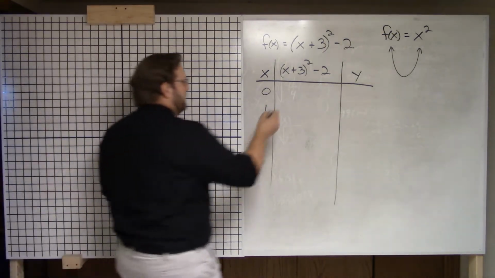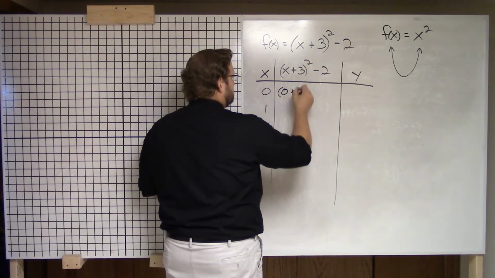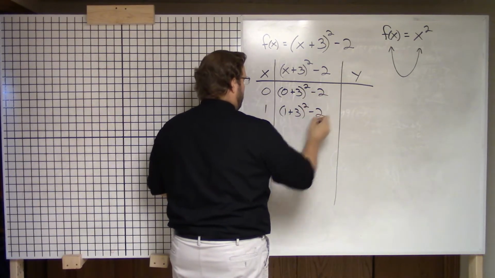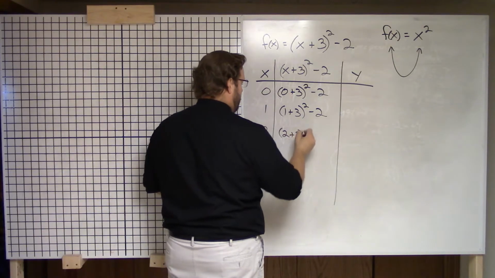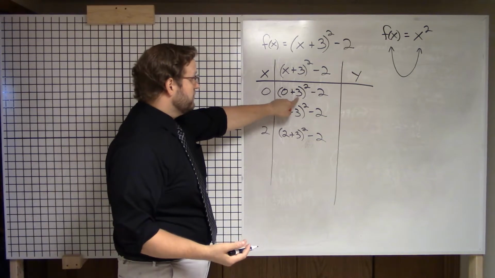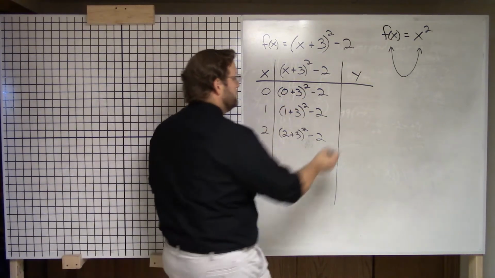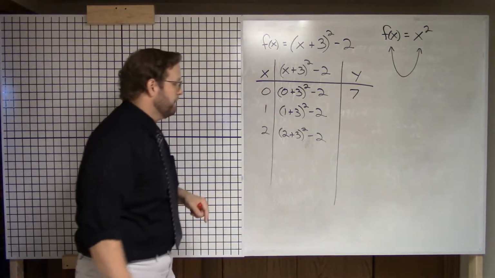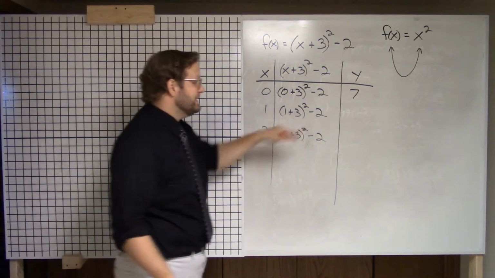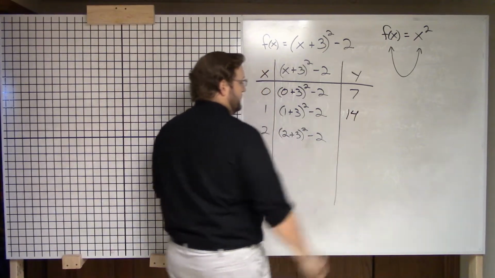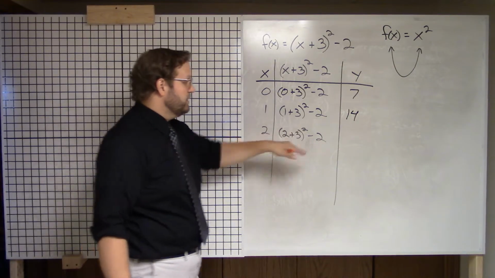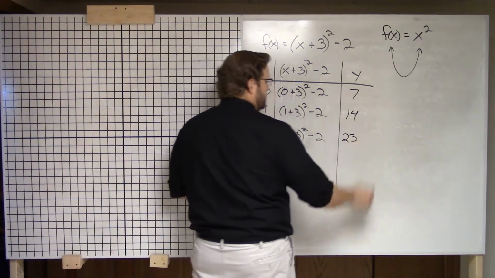I'm going to plug them in and see what I get. So I've got 0 plus 3 is 3, 3 squared is 9, 9 minus 2 is 7. 1 plus 3 is 4, 4 squared is 16, 16 minus 2 is 14. 2 plus 3 is 5, 5 squared is 25, 25 minus 2 is 23.